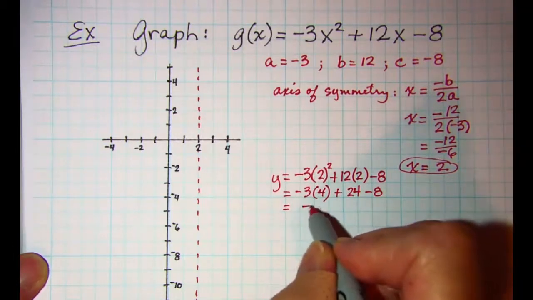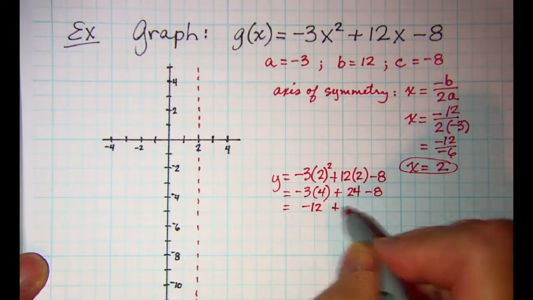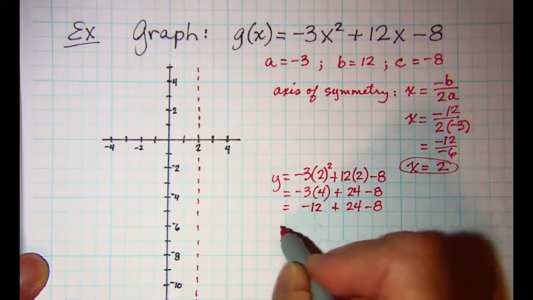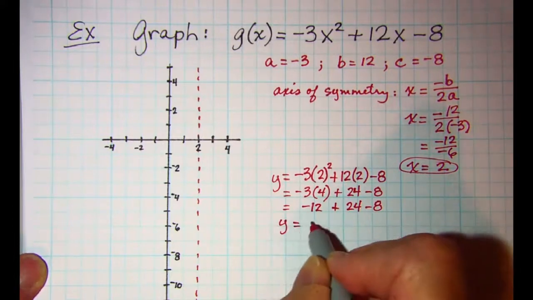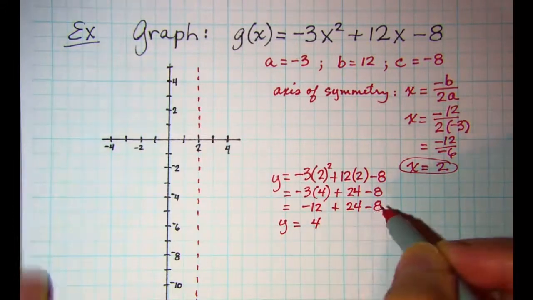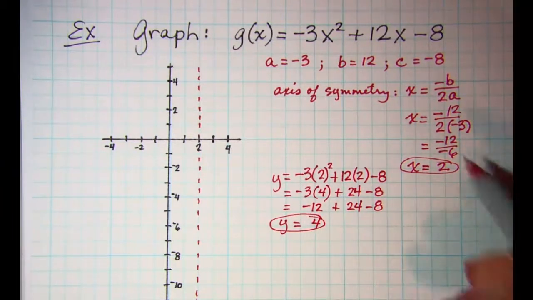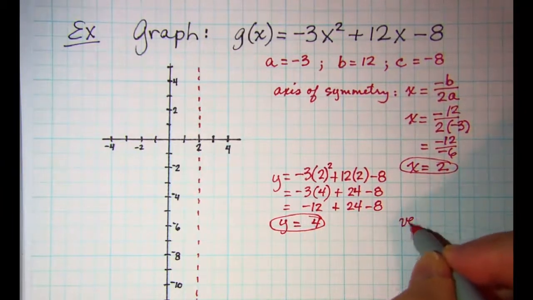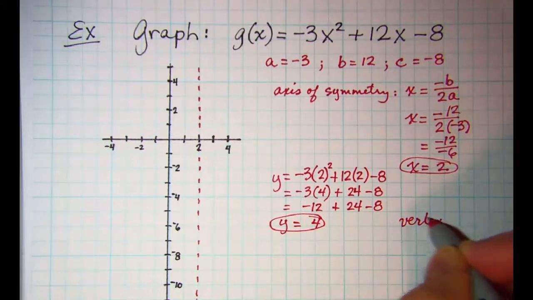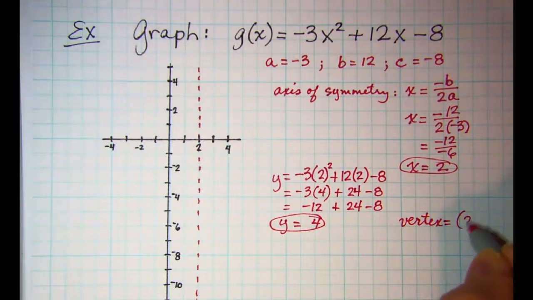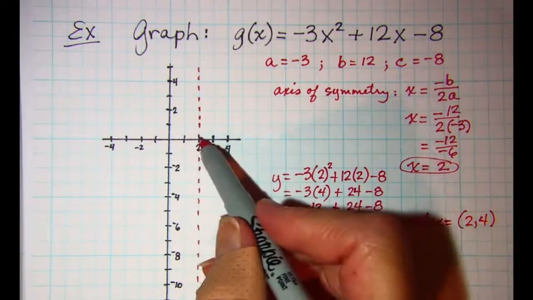This is negative 12 plus 24 minus 8. So our y value is 4. This means then that our vertex is at the point 2, 4.